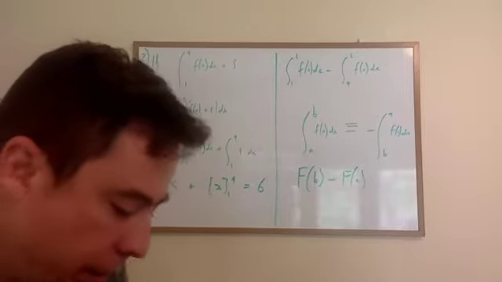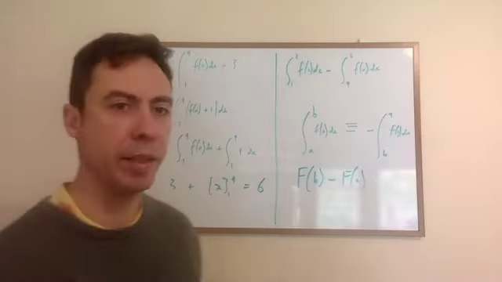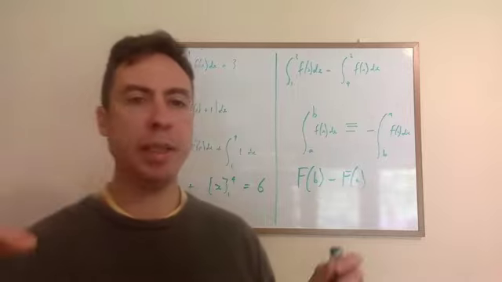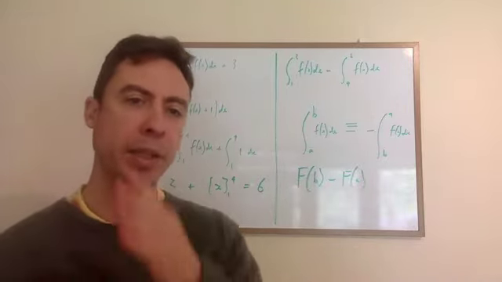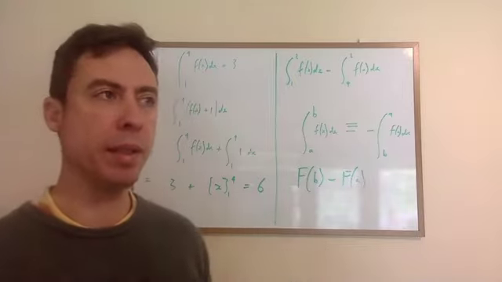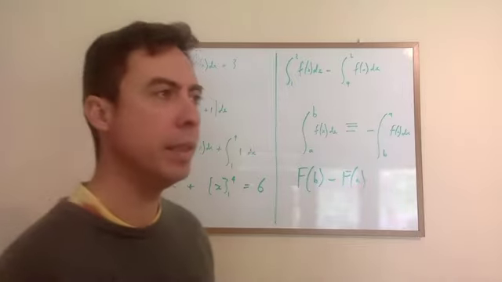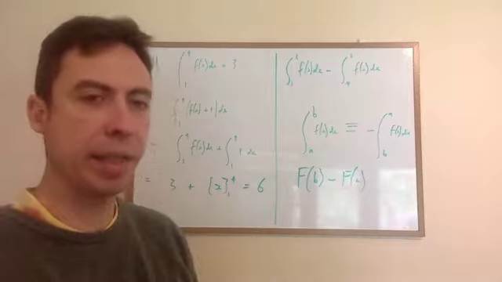Maybe you could think of it as area under a curve where, if you're working backwards, as you go along with your widths, your infinitely small dx's, those values are now negative.